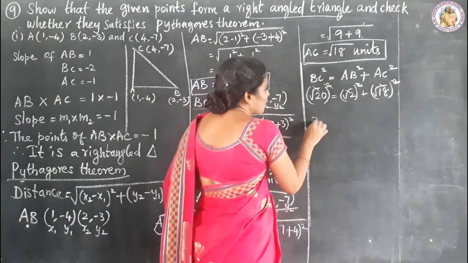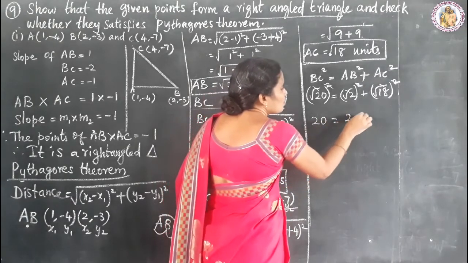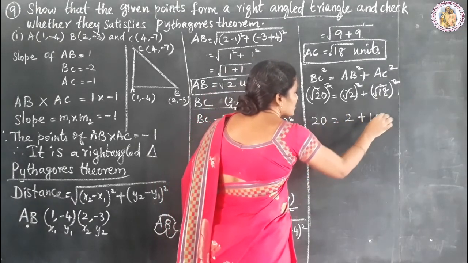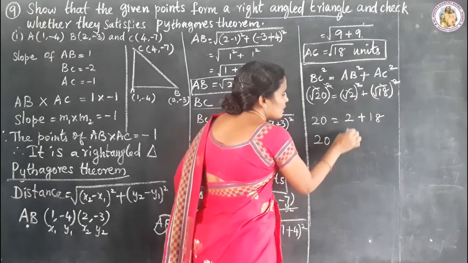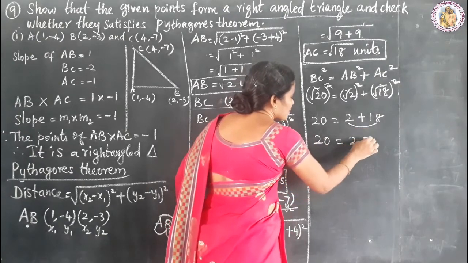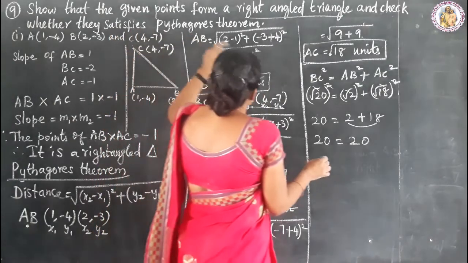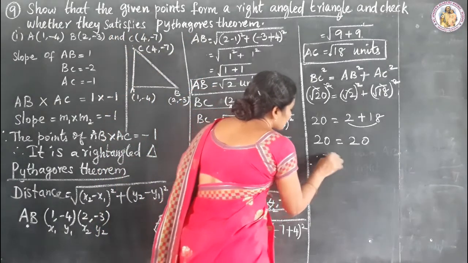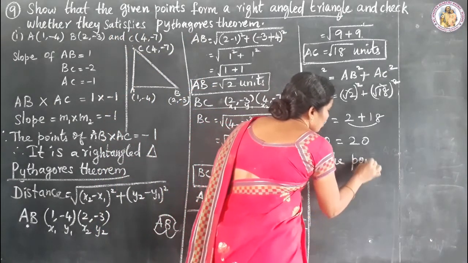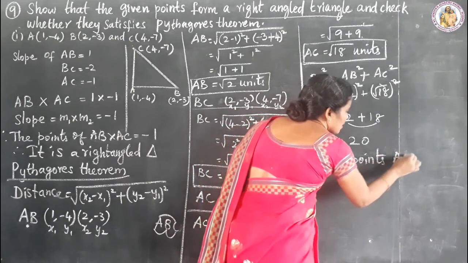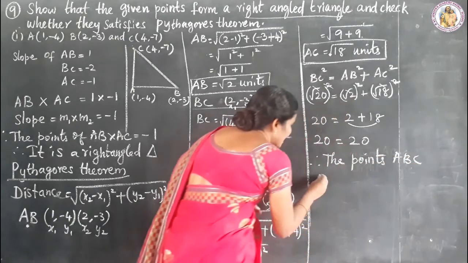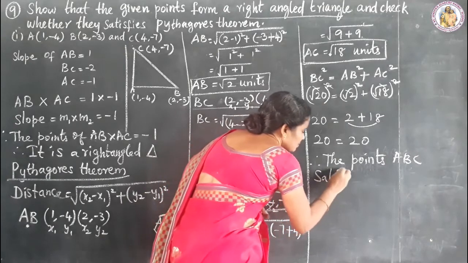Now 20 is equal to 2 plus 18, so 20 equals 20. Therefore the points A, B, C satisfy Pythagoras theorem.